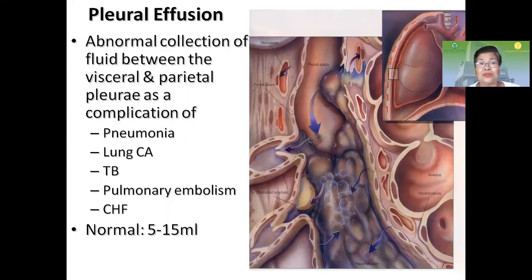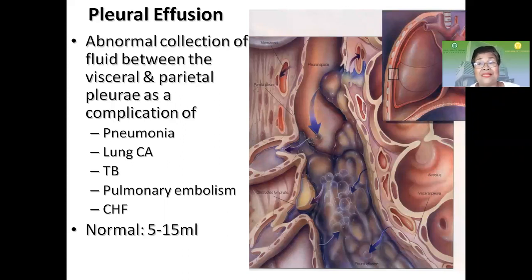So that is called pleural effusion. It could be secondary to extension from cancerous lesions like lung cancer, or TB infection, pulmonary tuberculosis, or pulmonary embolism.